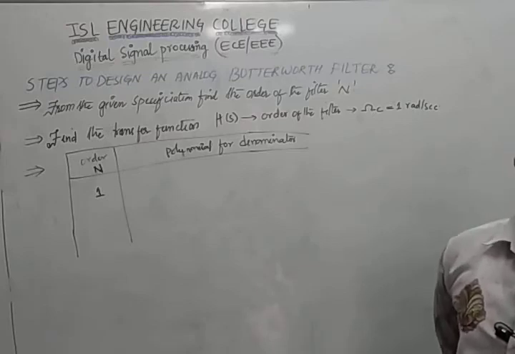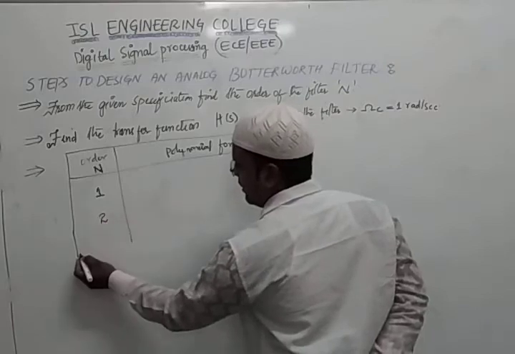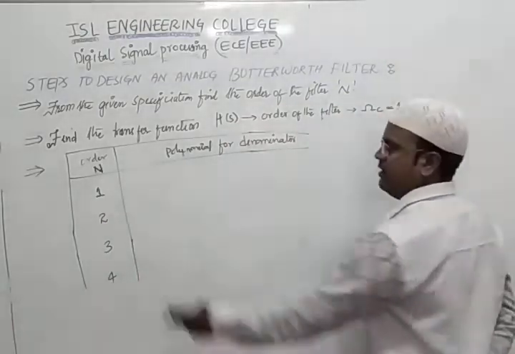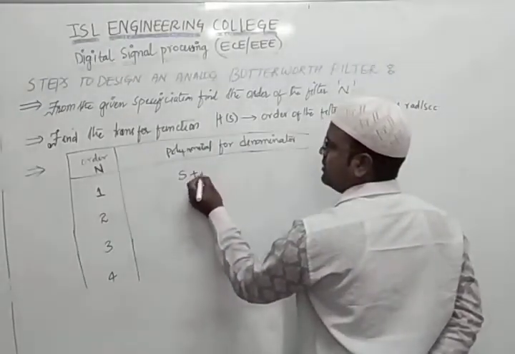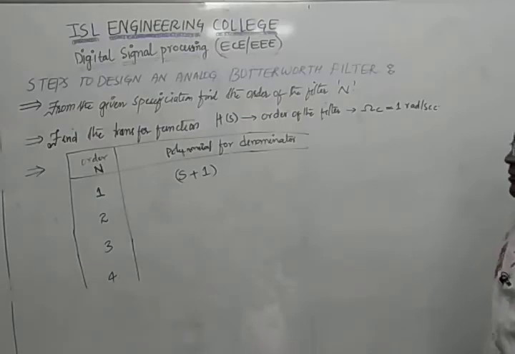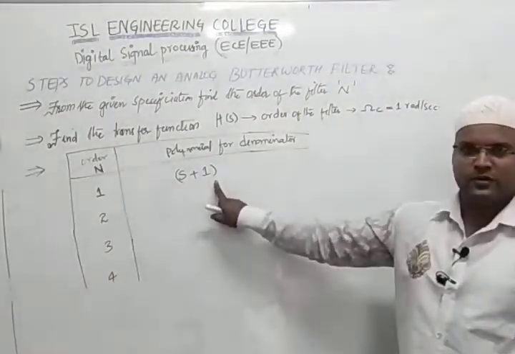This is the polynomial for the denominator, meaning whatever transfer function we are writing, this is its denominator. It can be first order, second order, third order, or fourth order. If you have first order, the polynomial needs to be s plus 1. You need to remember these values directly. So if n is equal to 1, the polynomial is this one.